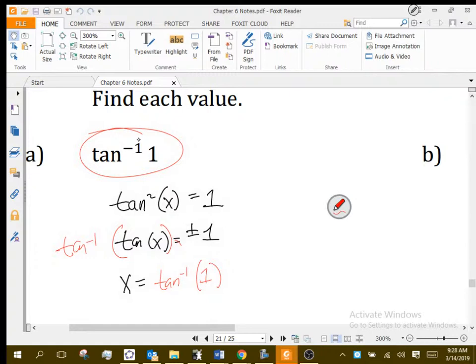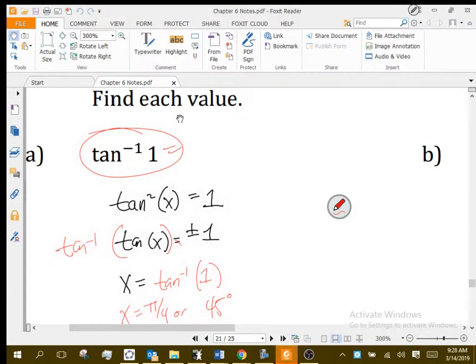Or if I go sine divided by cosine on the unit circle, where does that give me a value of 1? What angle measurement? Isn't sine divided by cosine the same thing at pi over 4? Okay, so x here is going to be pi over 4 or 45 degrees. Does that make sense? That's what this is.